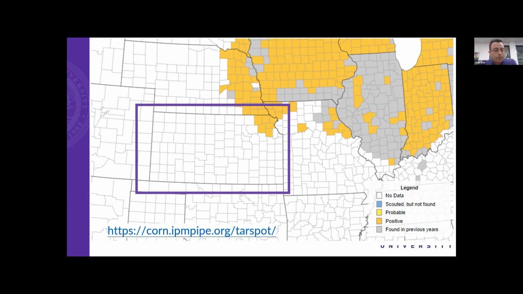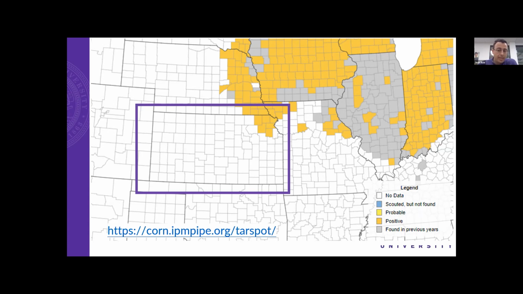We approve them and they pop up there. Two things: it's important to follow where tar spot is being reported, but it's also important to send us a report if you found it. If you're in doubt, you can send a sample to myself or to the plant diagnostic lab here at K-State, and we'll make sure to properly identify it and follow through with recommendations for your farm.